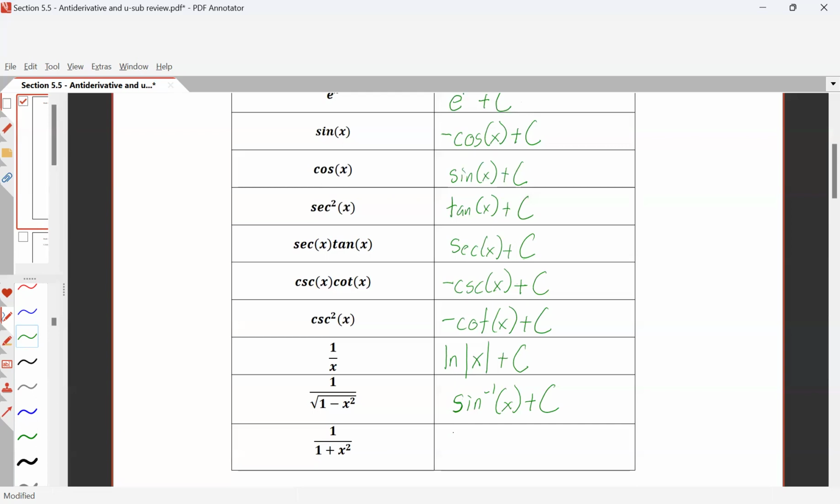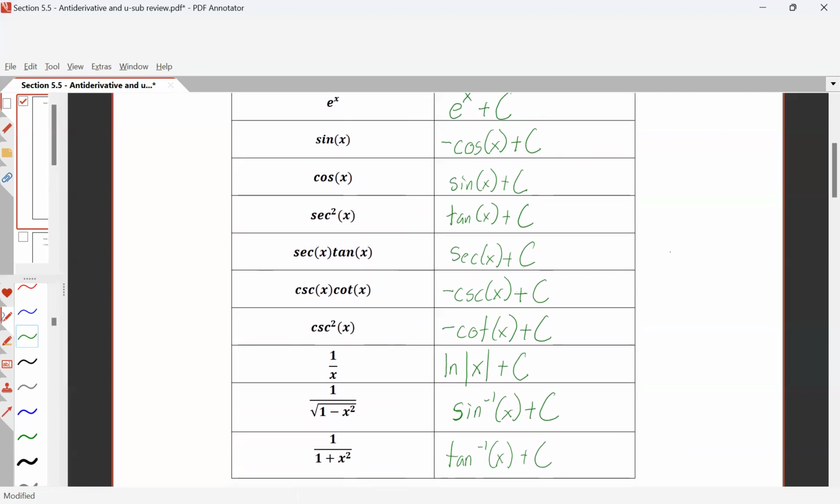And the derivative of arc tangent is 1 over 1 plus x squared. So that then tells us our antiderivative of 1 over the square root of 1 minus x squared is sine inverse x plus c, and the antiderivative of 1 over 1 plus x squared is tangent inverse x plus c.